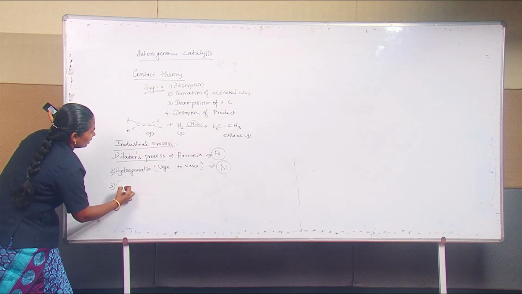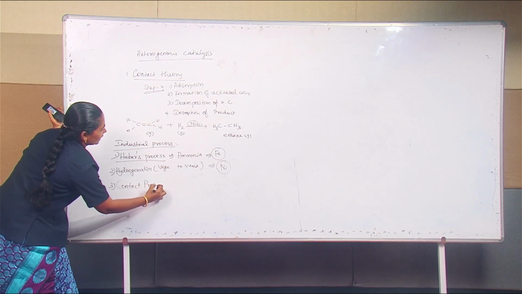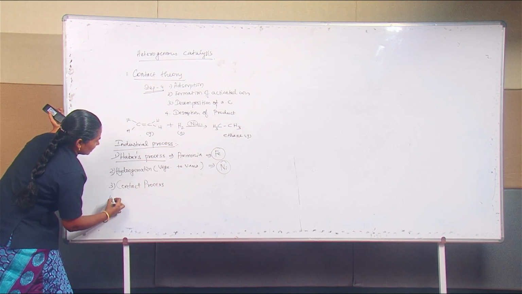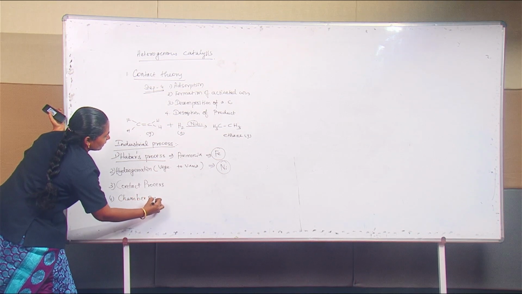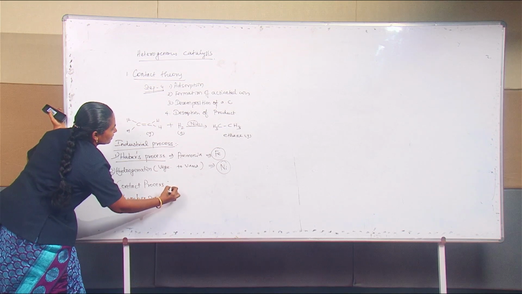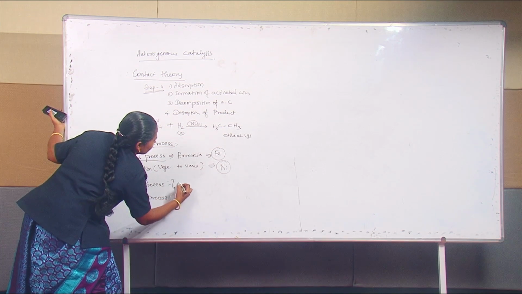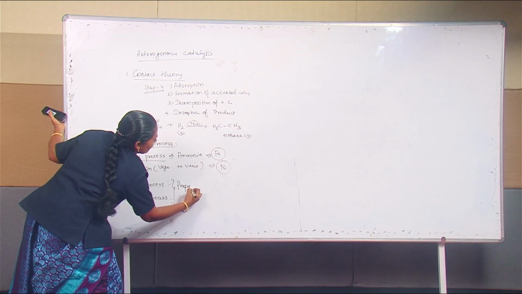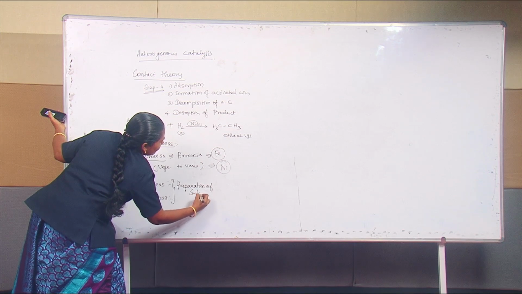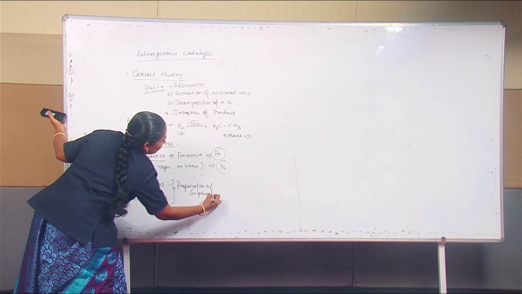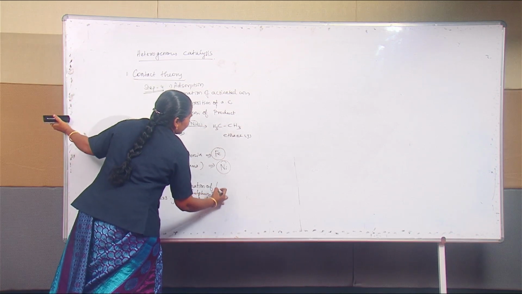Third one, contact process. In contact process as well as in chamber process, we have seen the preparation of sulfuric acid in the presence of different catalysts.